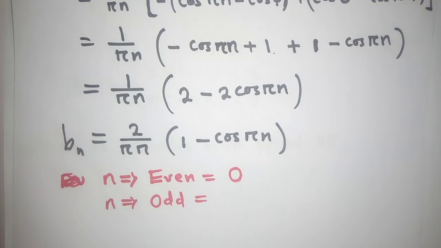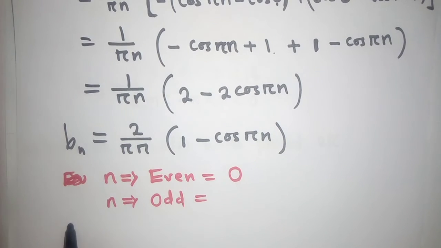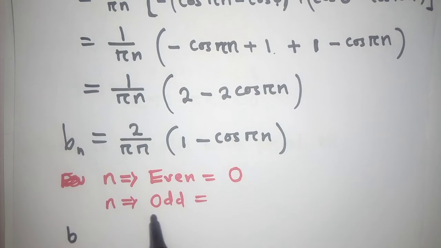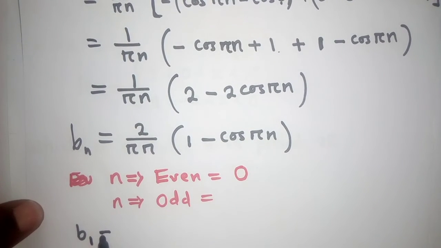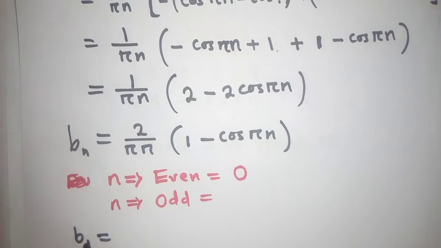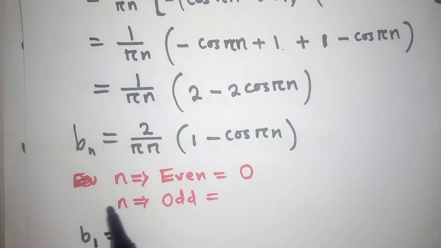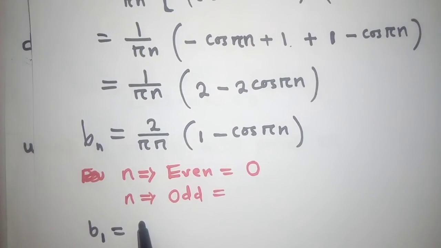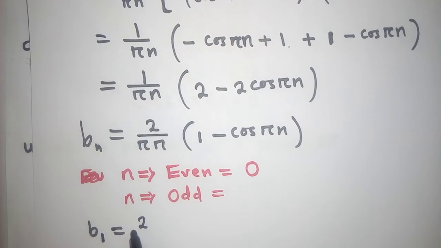So we'll say, when n is odd, for odd it will be 1. When n is 1, for b1 here, n is 1, meaning we put 1 where n is.